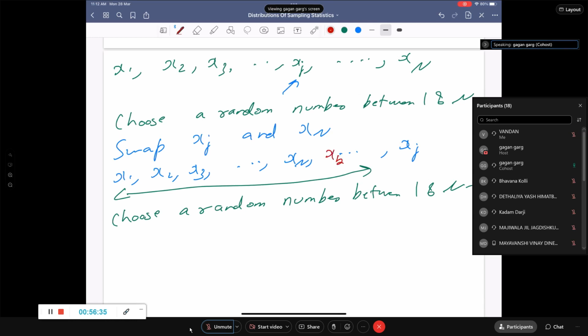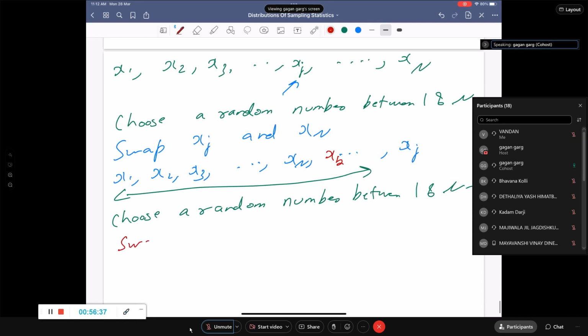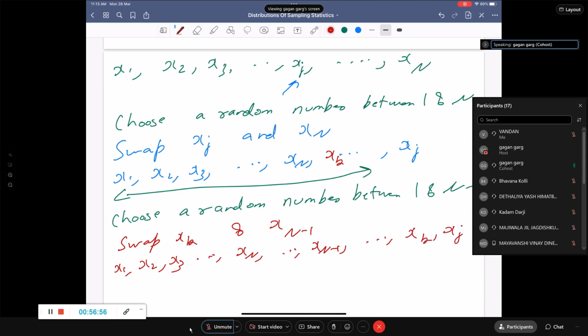Then you swap xk and x n minus 1. So you have x1, x2, x3, xn, xn minus 1, xk, and xj. So now these two are the chosen ones. Earlier xj was the chosen one. Now xk and xj are the chosen ones.